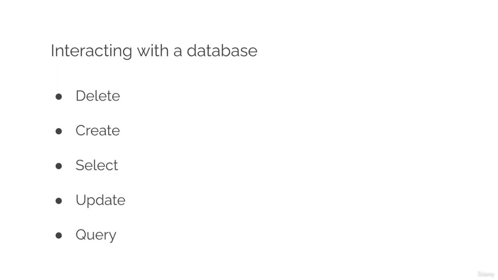You might also want to update a database. What if one of your website users decides they want to change their password? Well, you have to update their password in your database. You may also want to query your database to get some kind of information, such as, does a user exist with the email address, and then enter in an email.